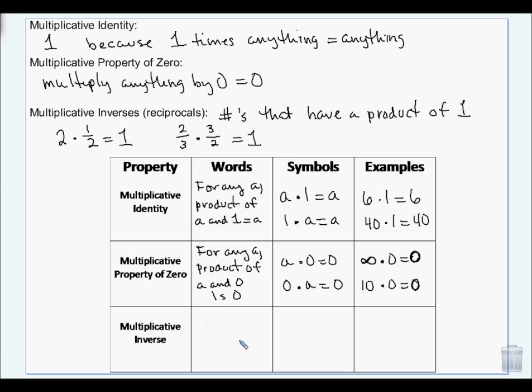I'm not going to do the words, but the big thing is you cannot have a 0 in the denominator. So the only number that does not have a reciprocal is 0.